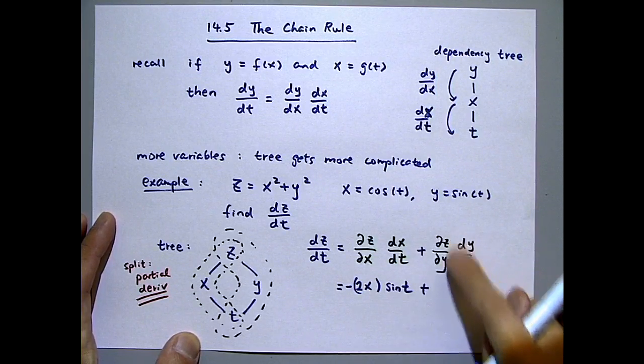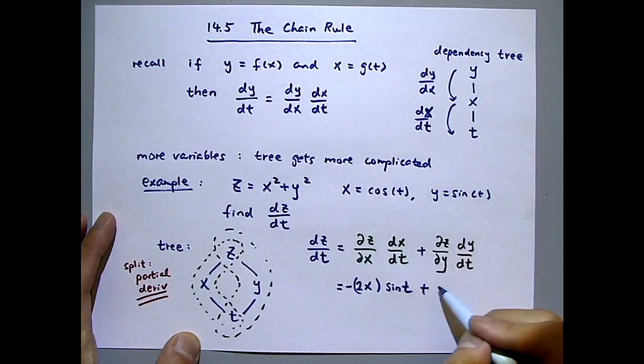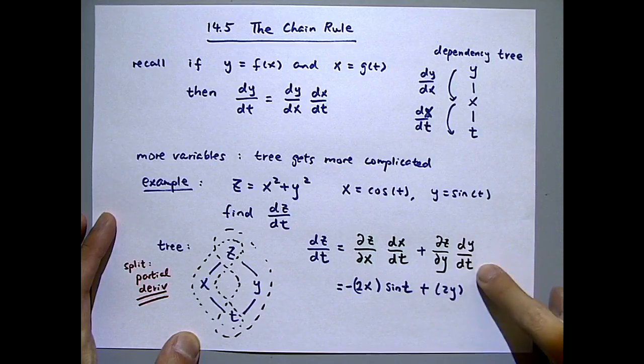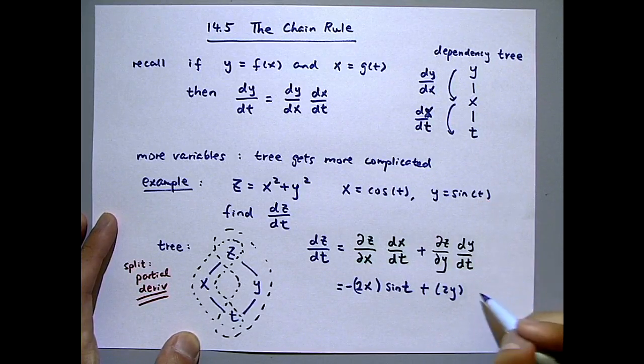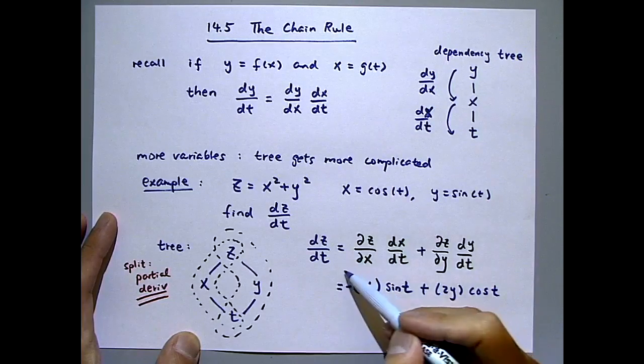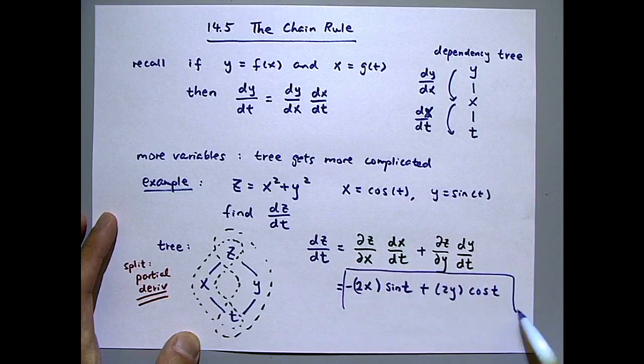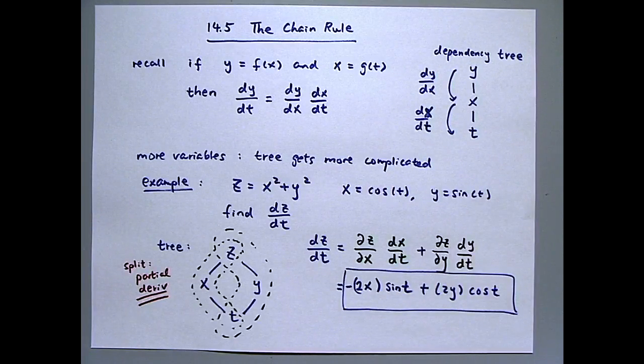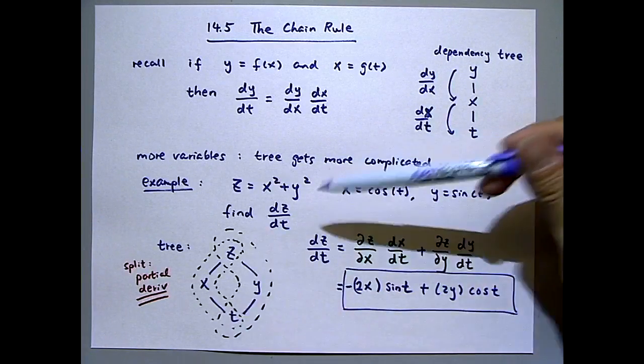Partial derivative of z with respect to y is 2y. And derivative of y with respect to t is cosine of t. All right, so there we go. That's the derivative of this function with respect to t.